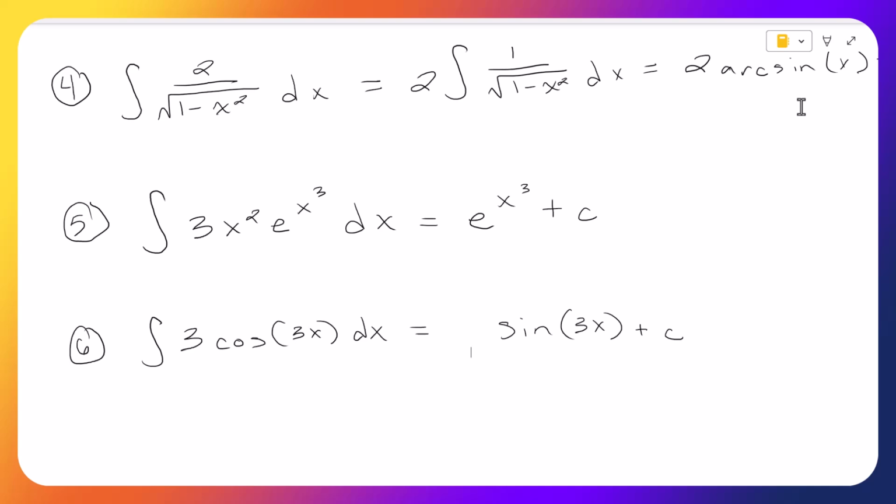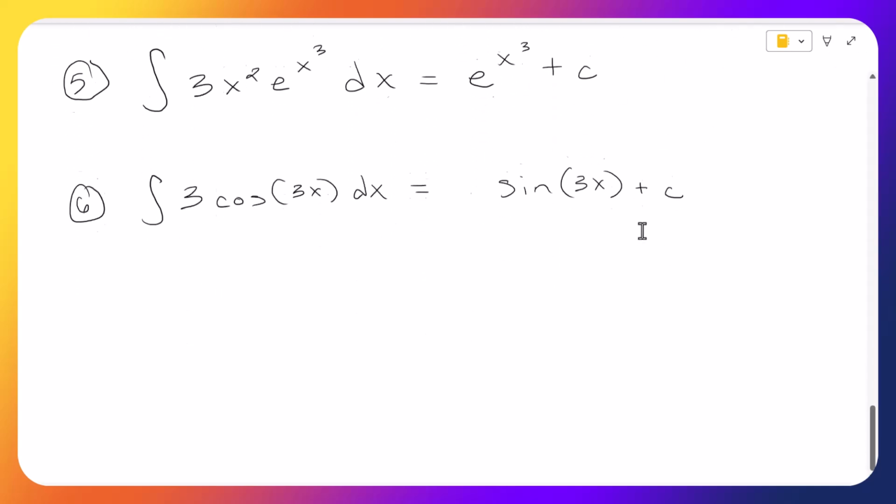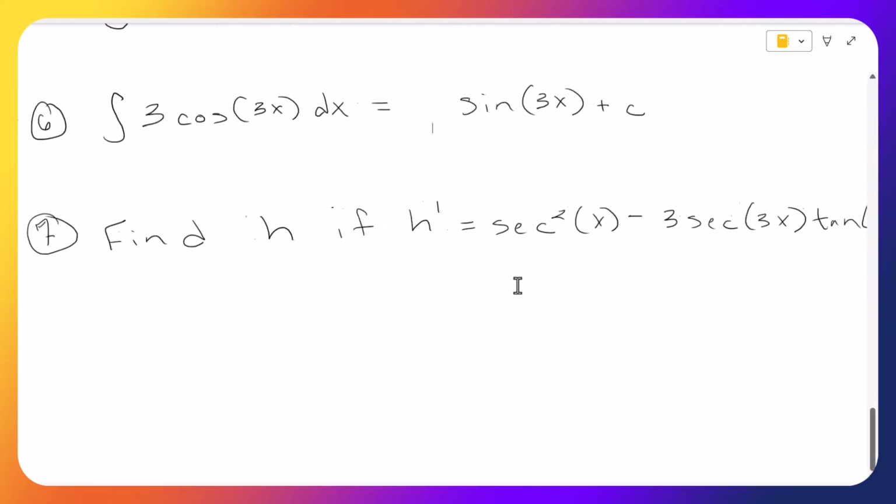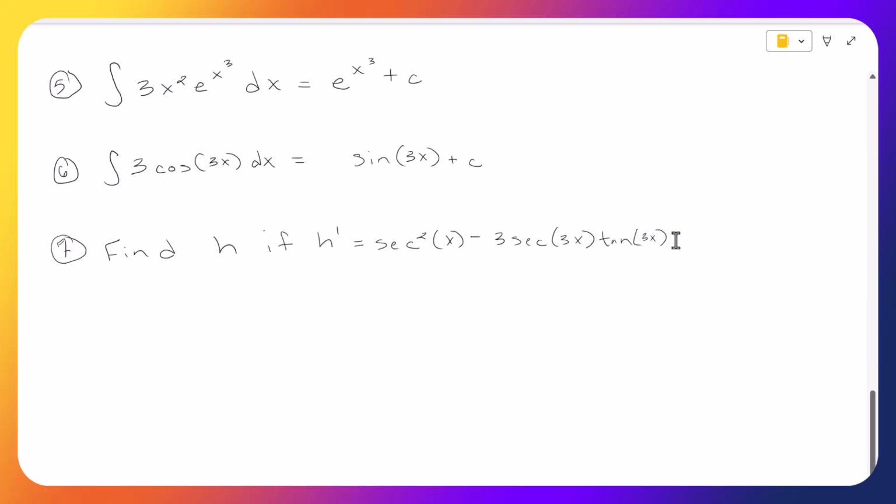Find h if h prime equals this. Okay. So find h if h prime equals this function right here.